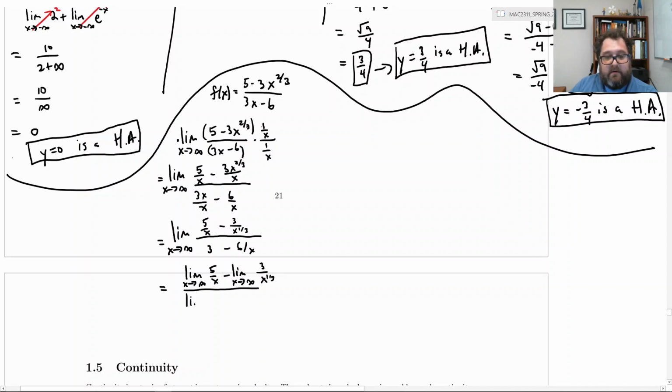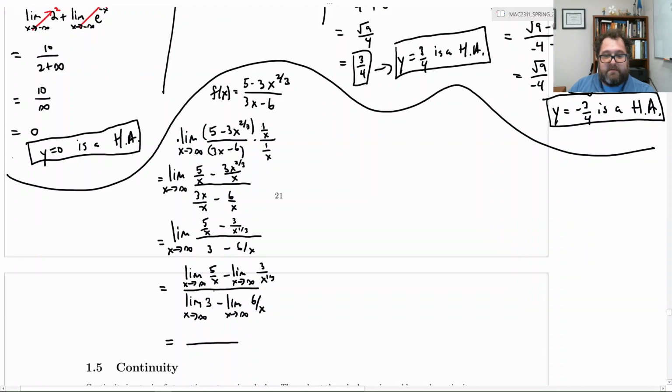On the denominator, the limit as x goes to infinity of 3 minus the limit as x goes to infinity of 6 over x. Equals, well, what do we get?